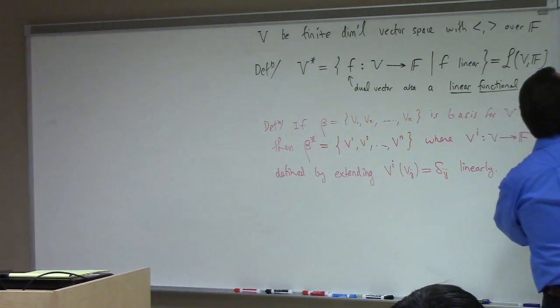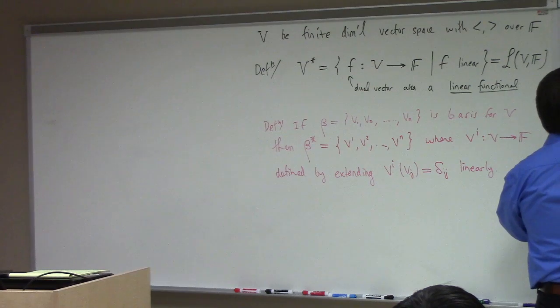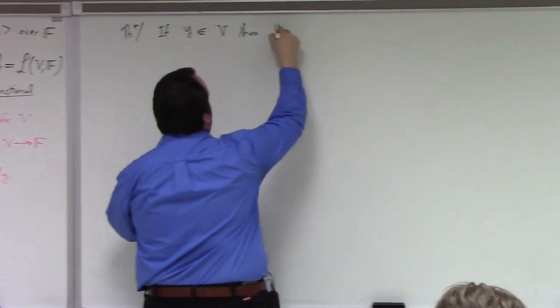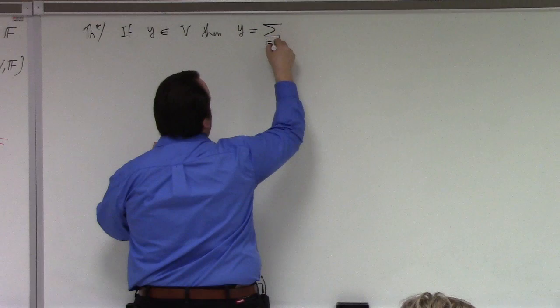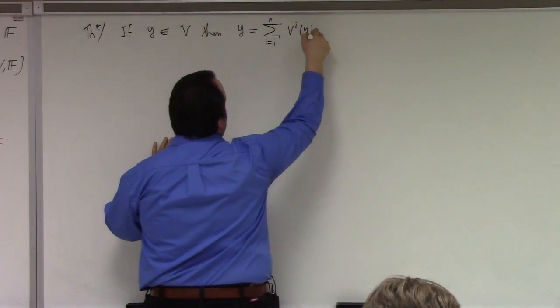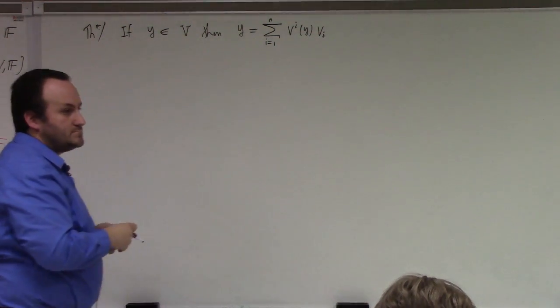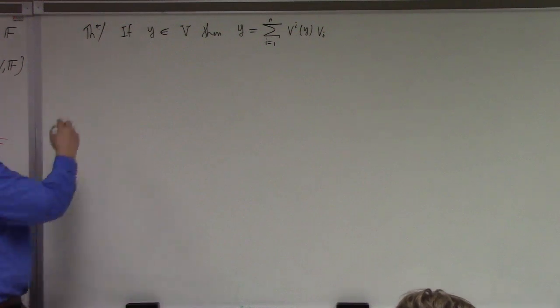There's a theorem, which is this: if y is an element of V, then y is equal to the sum from i = 1 to n of v^i(y) times v_i. Let me put this theorem into words for you.